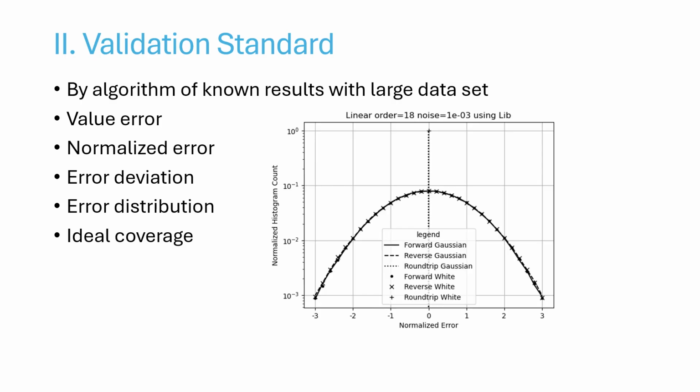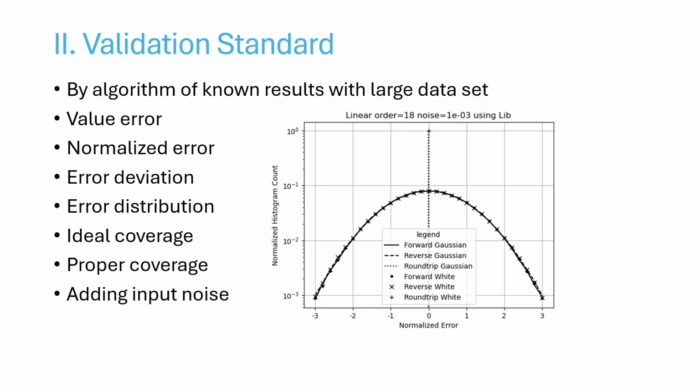In the ideal coverage, there are only two kinds of error distribution, either normal distribution as shown here, because of the central limit theorem, or a delta function, delta distribution as shown in the center. If, however, we do not know how the input uncertainties, a proper coverage is achieved when the error deviation is between 0.1 and 10 instead of 1 in the ideal coverage.